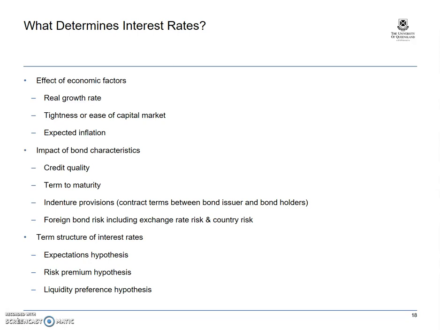As I said, from your economics classes, you'd know that there are a couple of key economic factors that are really going to affect interest rates. First of all, what's the real growth rate in the economy? Is the economy growing at a very rapid rate? And therefore, what's going to be happening in terms of monetary policy going forward?